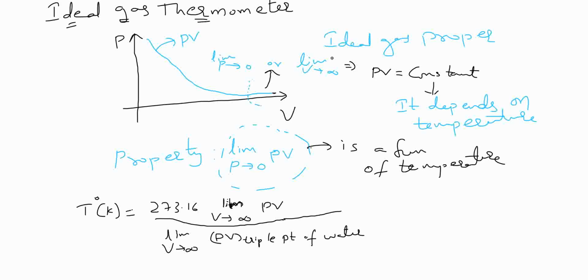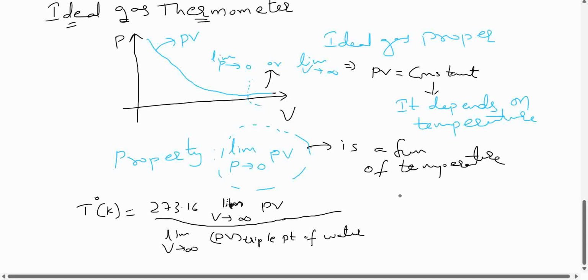So where does the triple point of water happen? That is at a particular temperature and pressure, which is 273.16 Kelvin, and the pressure is 6.1 into 10 power minus 3 bar.